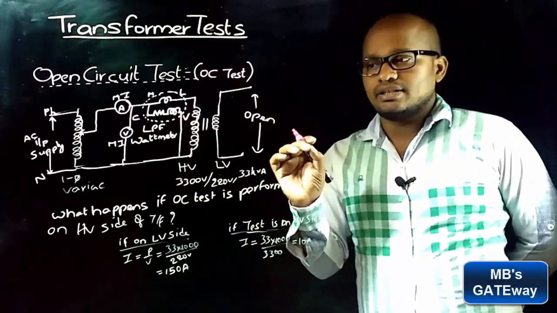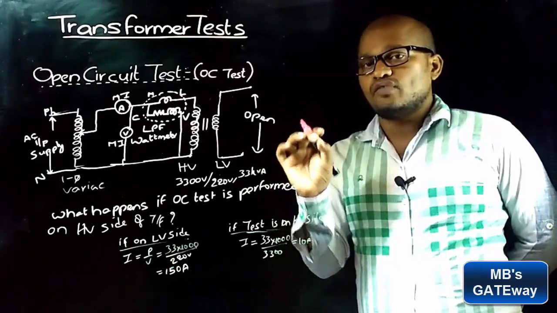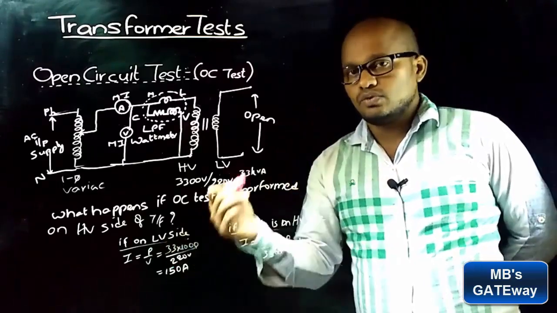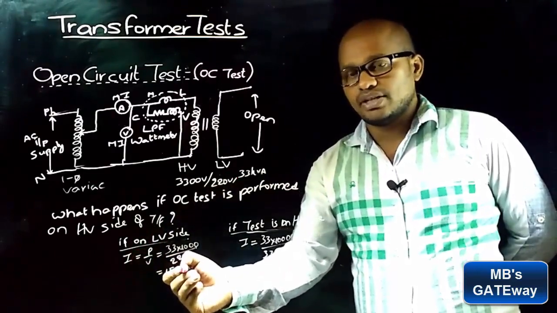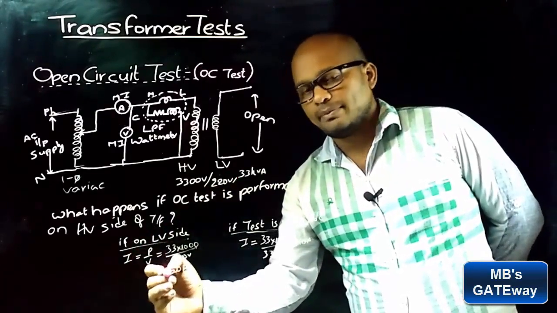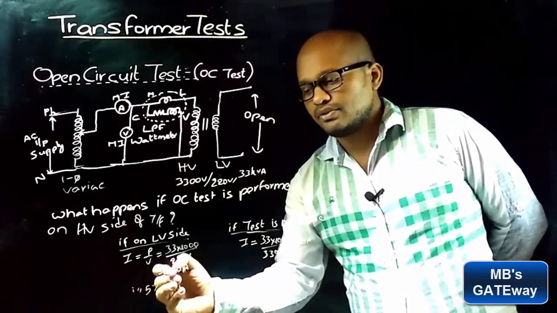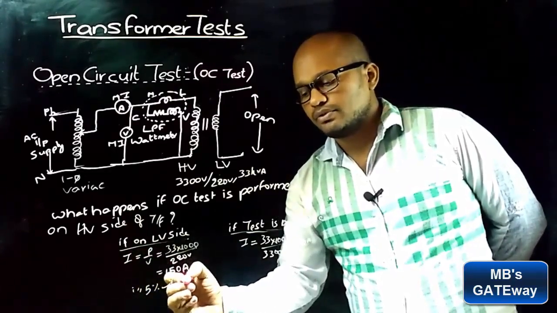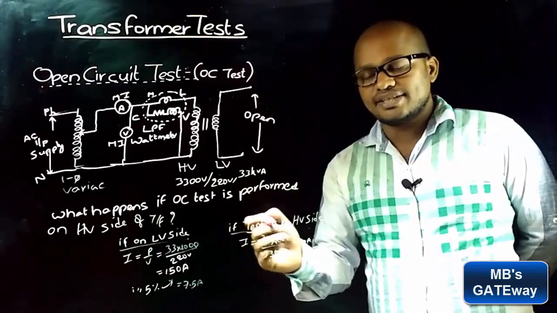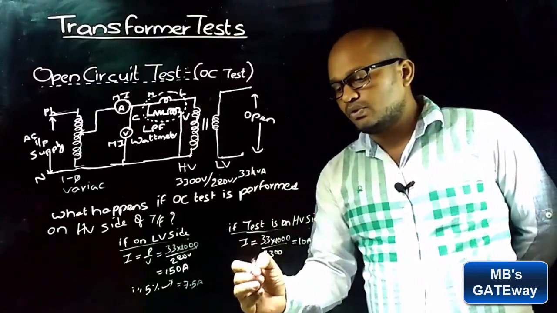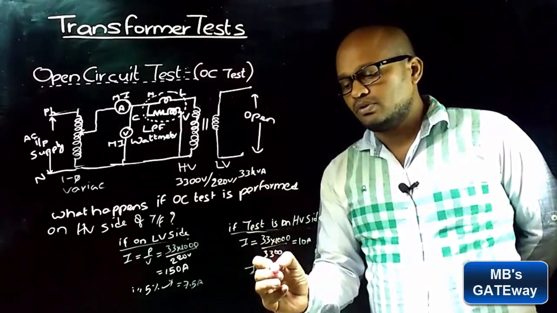As it is studied that an open circuit transformer will drag a current of 4 to 5% of full load current, in case of the test performed on the LV side, the rated current is 150 amperes. So 5% of rated current gives you 7.5 amperes. Whereas if the test is performed on the HV side, the no load current I0 is 5% of 10 amperes.